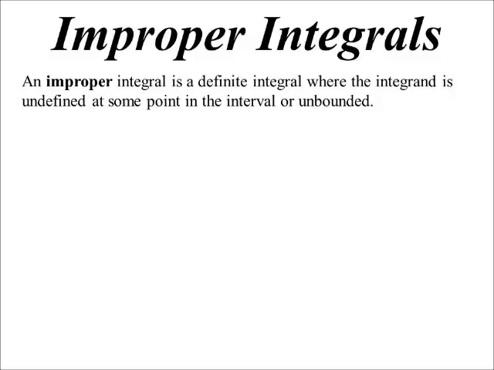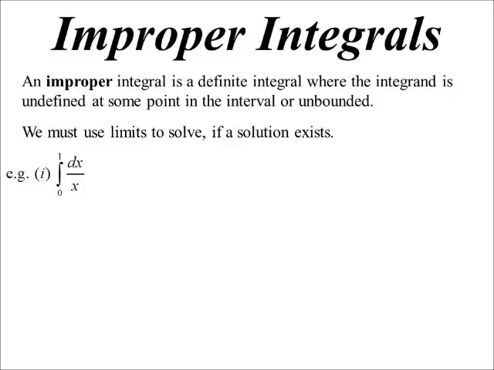Like, I can't sub zero in because it doesn't exist there. So we don't actually use 0, we use limits. We say, well, what's the limit as it's approaching 0 then? And that'll give us an idea. And so here it is, 0 to 1 of dx on x. I'd say, well, look, I can't do that. So what I'm going to do is I'm going to find the limit as n approaches 0 of the integral from n to 1.